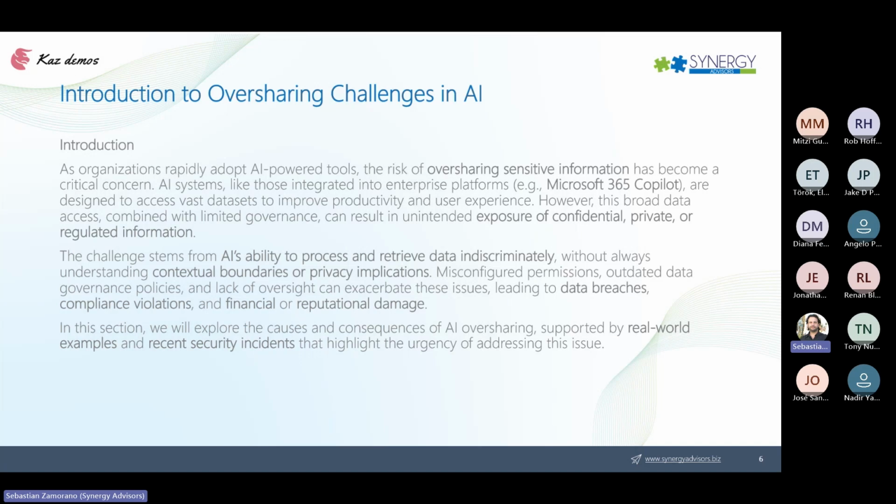If for some reason a SharePoint site or OneDrive was at some moment shared with anyone, or someone is not using sensitivity labels in some folder because sensitivity labels were implemented this year or last year in our organization, but for new documents and not for the old documents, then Copilot and other AI solutions will have the capability to find that information and generate answers based on those findings.